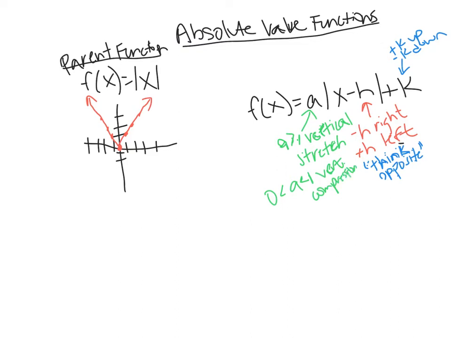Think about it: if you vertically compress yourself, you are pushing down on your head, you're getting shorter, which means you're getting wider. So a vertical compression is the same thing as a horizontal stretch. You're going to get a wider graph. That is a refresher of your parent function, absolute value, and some of your transformation rules.